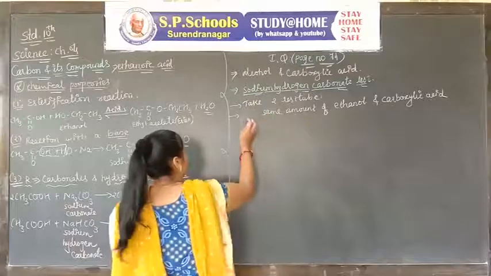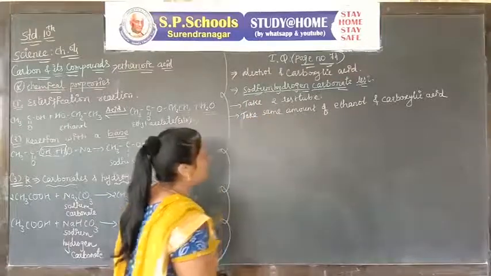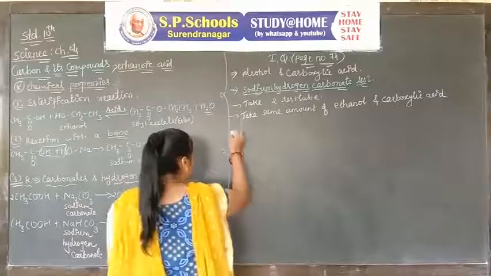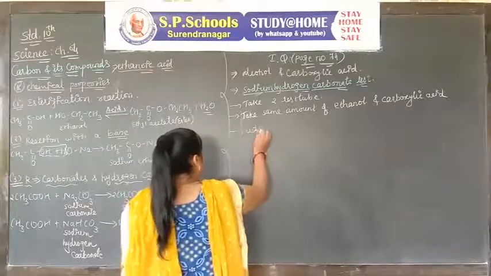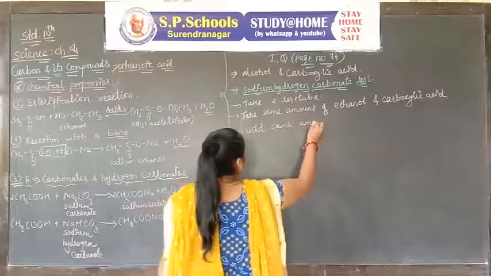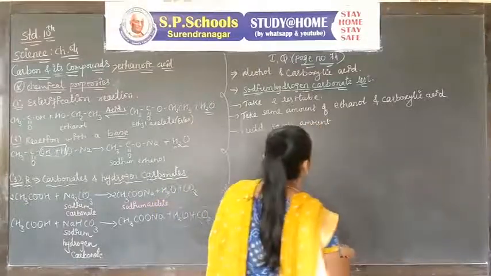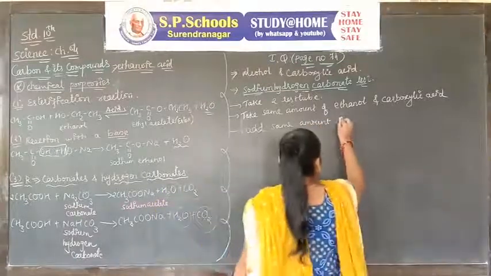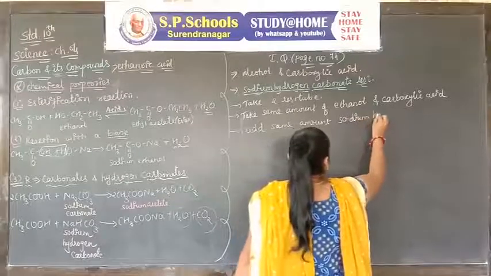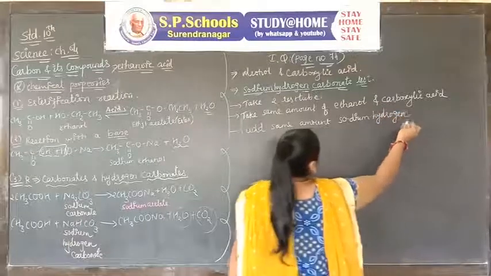Here we take some amount of ethanol and carboxylic acid. In both test tubes we add the same amount, a few drops, of sodium hydrogen carbonate.